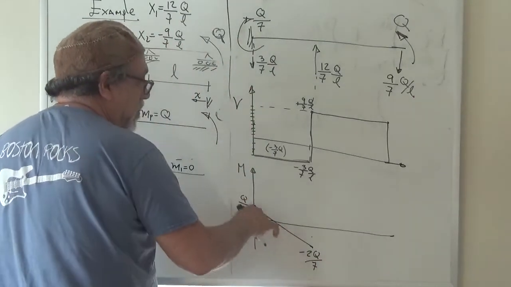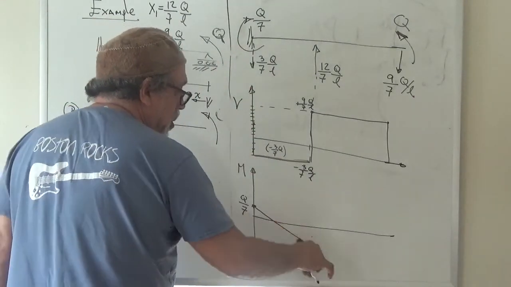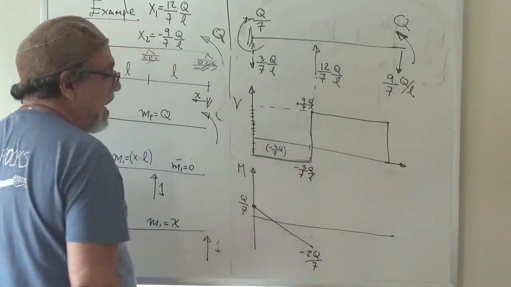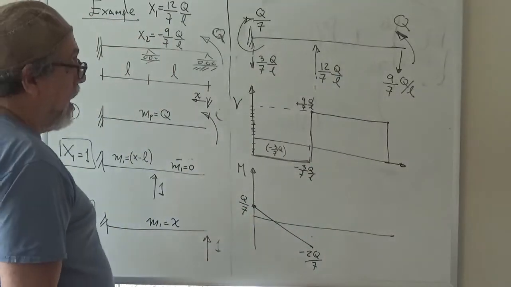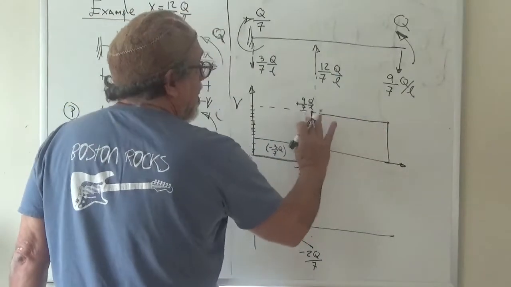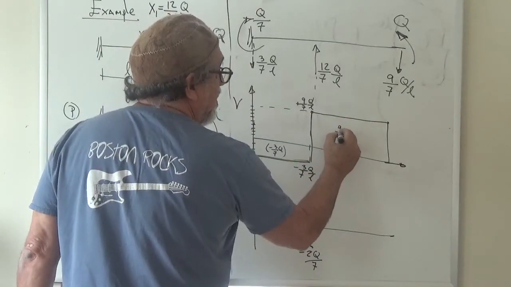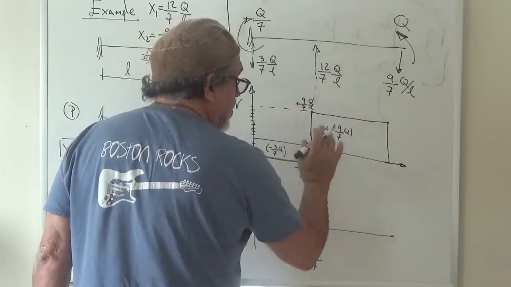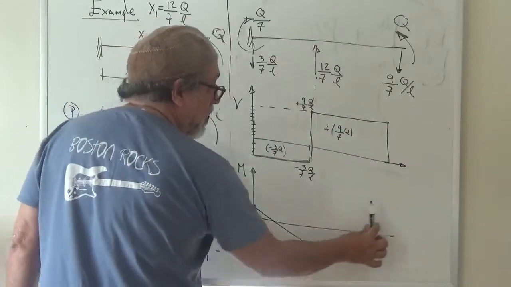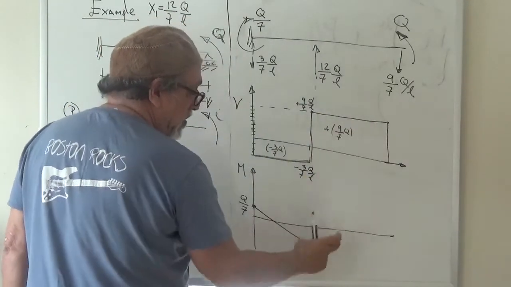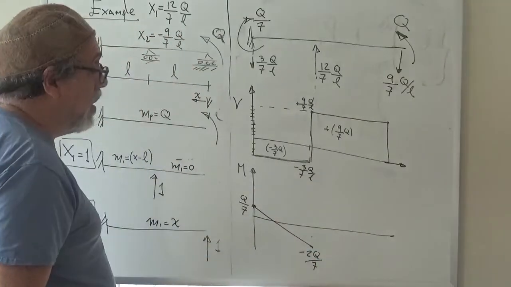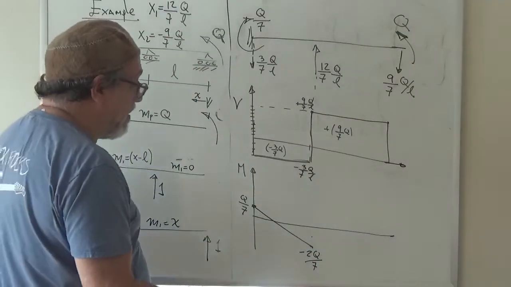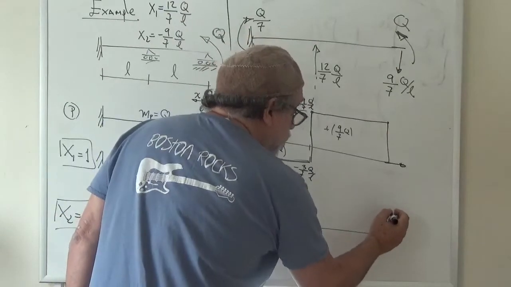The slope of the moment diagram is equal to the shear, so that slope is negative 3/7 of Q over L. The area under here is 9/7 of Q, right? Because it's positive, it's the area under the shear. So the change from here to the end is adding 9/7 to this minus 2Q/7, which would give you what? 7/7, which is 1.